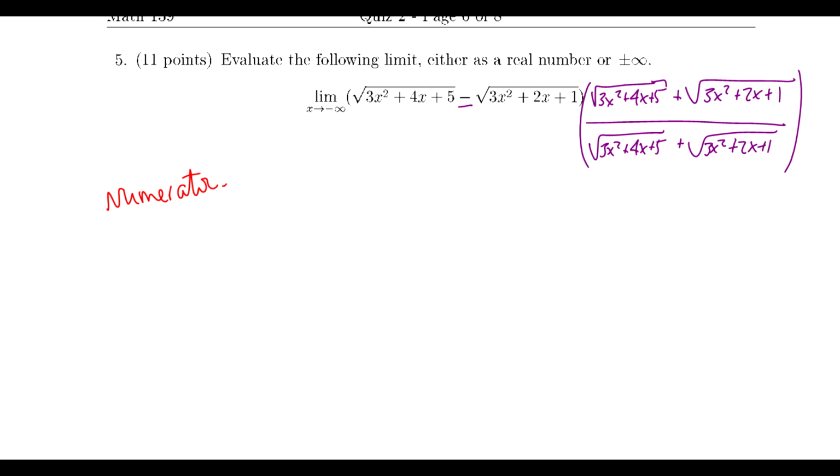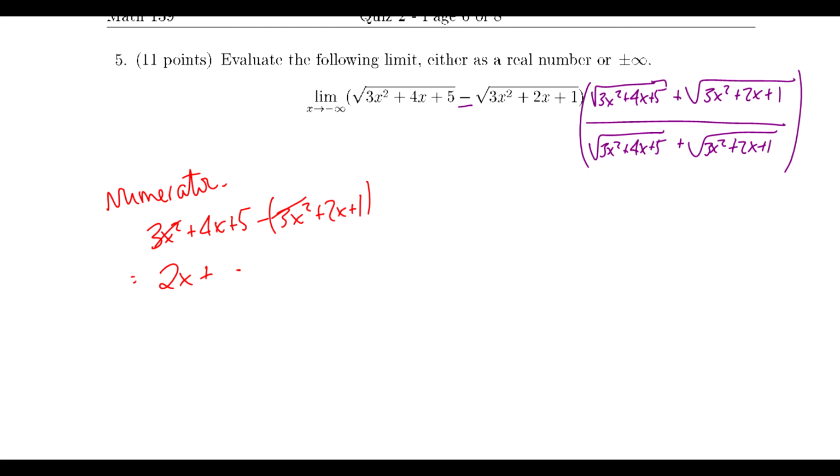So when we multiply out the numerator, we are going to get 3x squared plus 4x plus 5 minus 3x squared plus 2x plus 1. It's really convenient how this works when you multiply by a conjugate: the 3x squares will cancel. 4x minus 2x is going to lead to 2x, and 5 minus 1 is going to lead to 4.